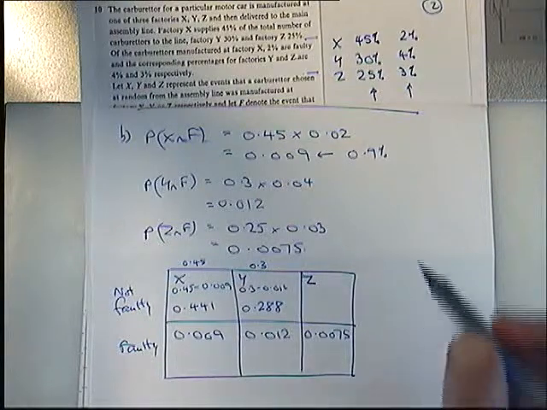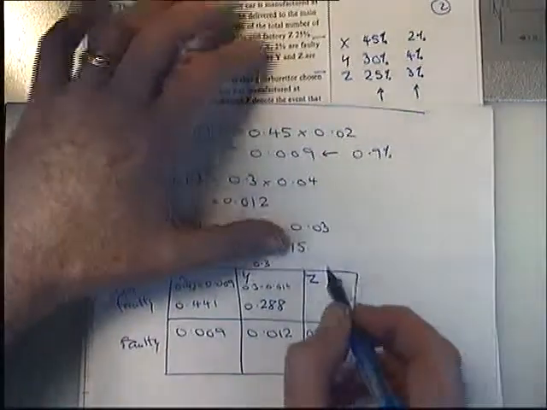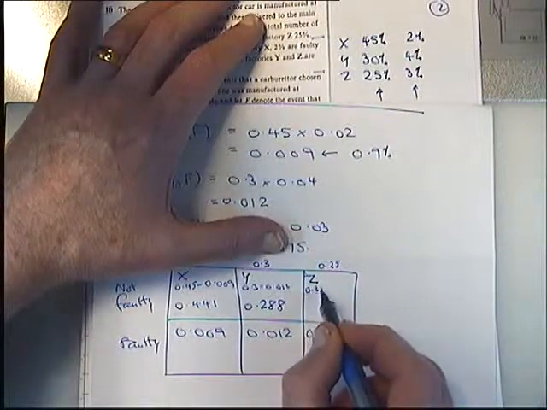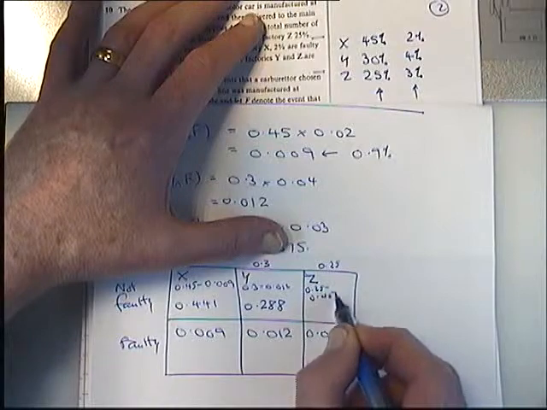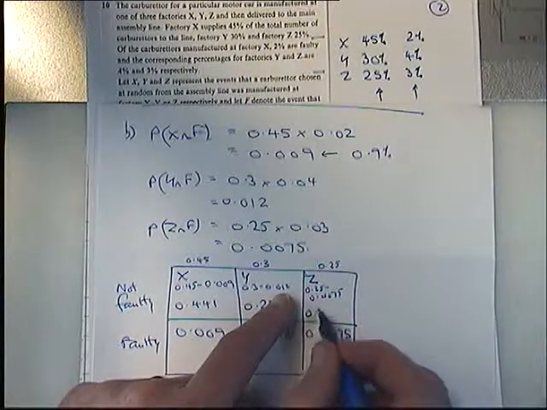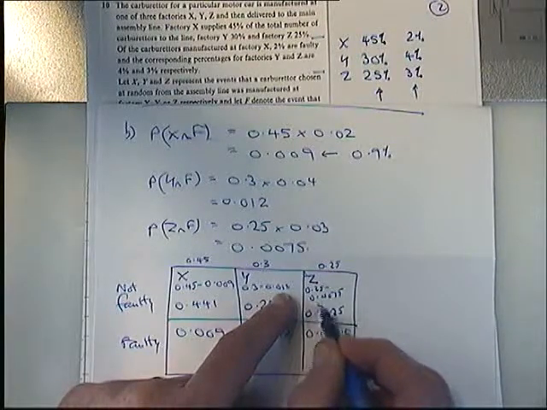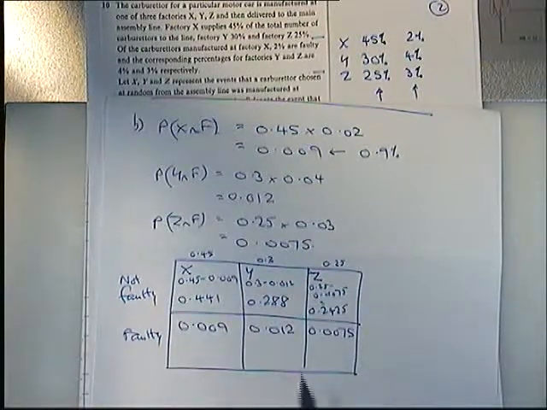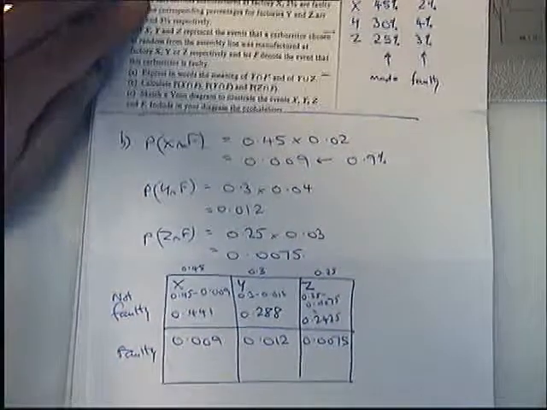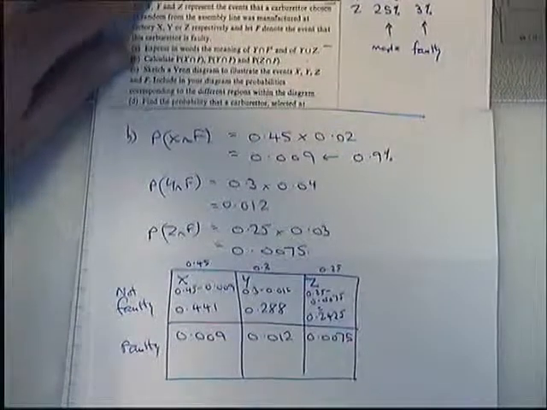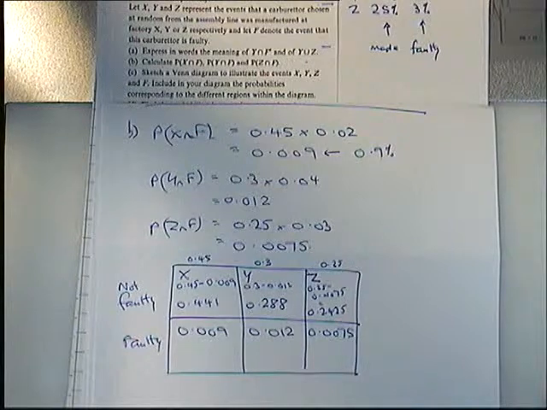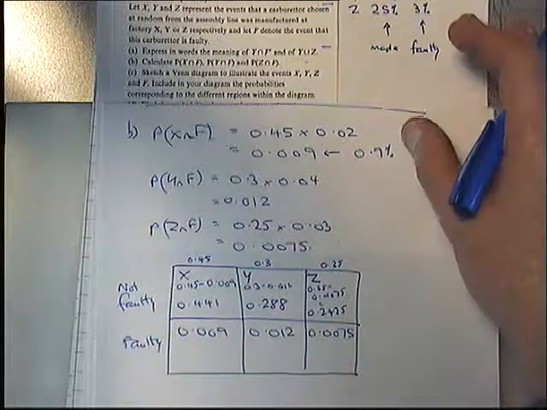And I can do the same for Z. I know there's 25% in Z altogether, and I know there's some of it down here, so if I do that taking away, I get 0.2425. Now I've got the probability in each of those sections. So part C said, sketch the Venn diagram, indicating the probabilities corresponding to the different regions, and that we've now done.